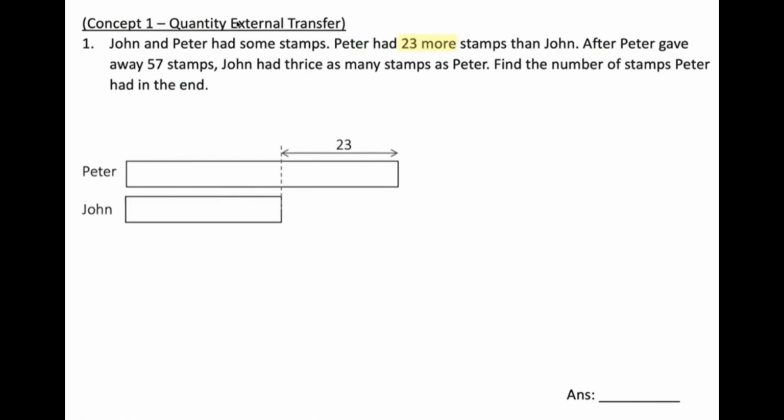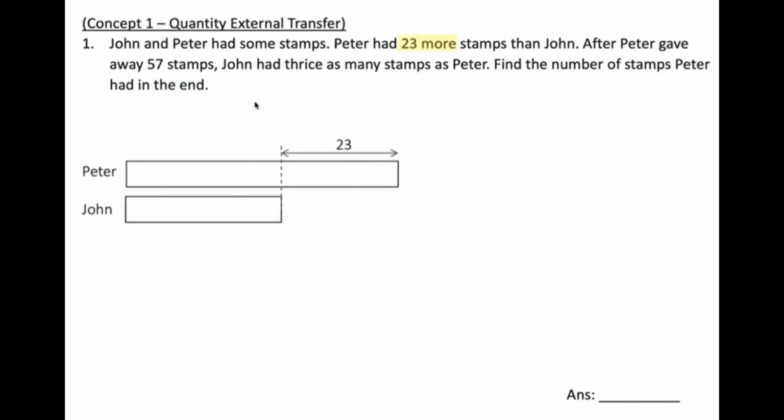So if you read this question statement, John had twice as many stamps as Peter. From this statement, you know that Peter is going to be 1 unit and John is going to be 3 units. So the thought process is this: before you just randomly shade away something from Peter's model, you ask yourself who is the 1 unit. So Peter is the 1 unit and John is the 3 units.